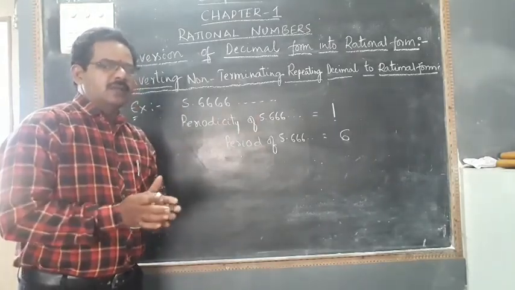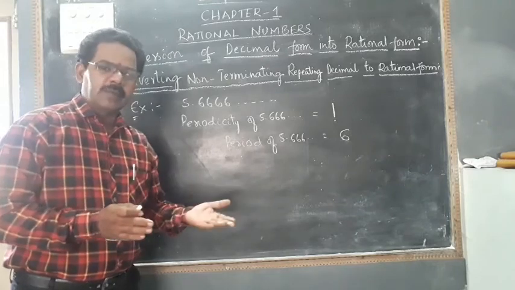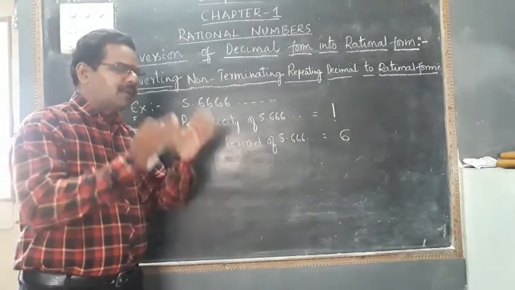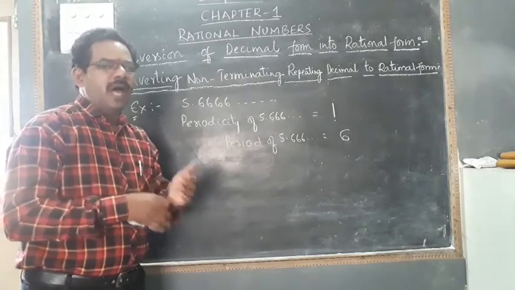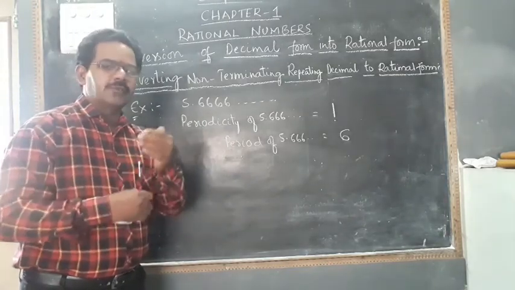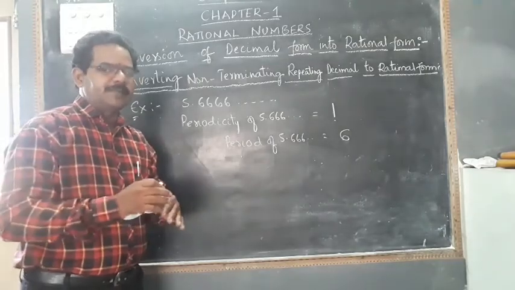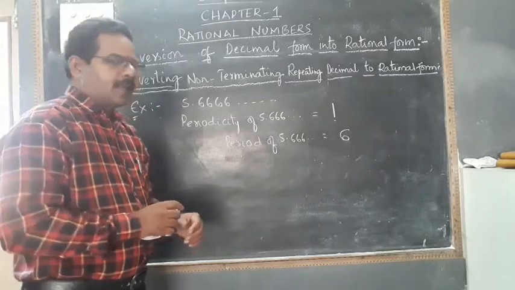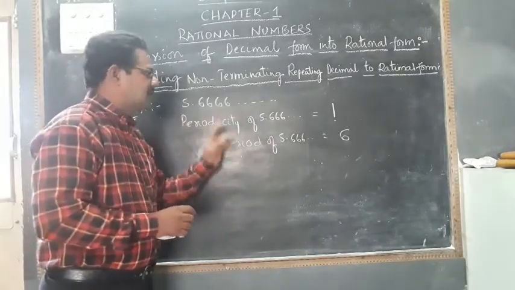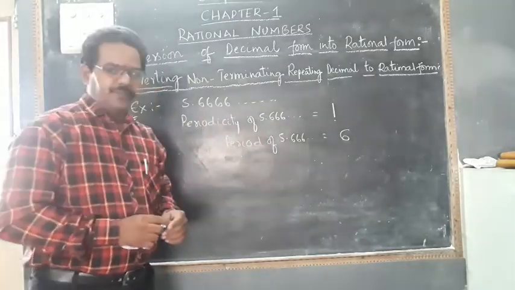Already we discussed what is meant by terminating and what is meant by non-terminating. Terminating means, if you do some division, the remainder will become 0 after some time, after 1 step or 2 steps or 3 steps or 10 steps. But in a non-terminating repeating decimal, the remainder will not become 0.